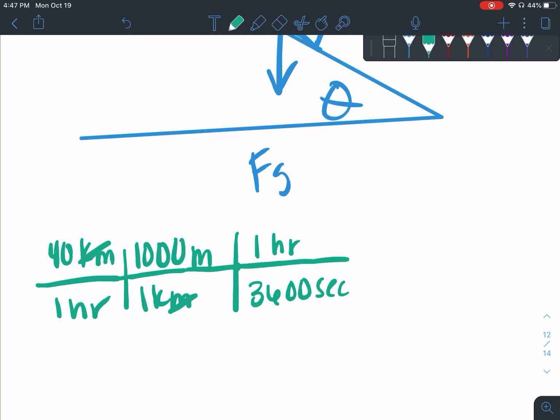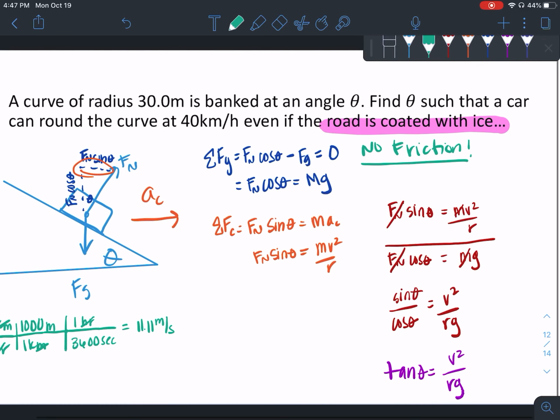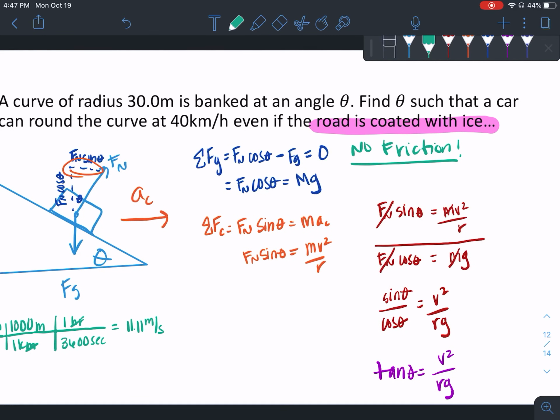And that is a really good conversion rate if you don't already know it, which means that my acceleration is actually, or sorry, not my acceleration, my velocity here. So we can go ahead and put this in. So that's squared divided by 30 times 9.81.